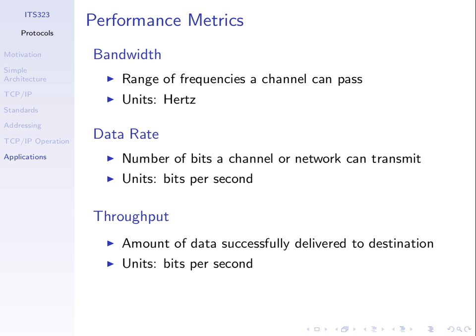When we're talking about digital communications, we're talking about how many bits per second can we send across some channel or across some link. When I connect my two laptops together using this cable, the signal occupies a bandwidth of 100 megahertz. What's the data rate that I can send across this cable?